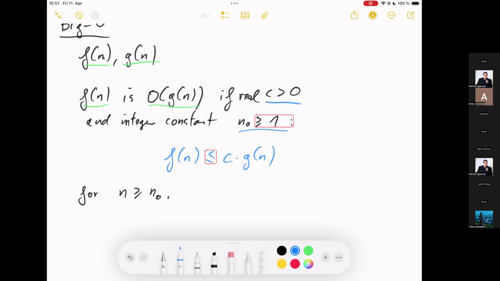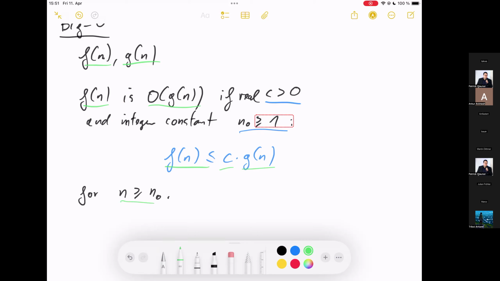And then, in order for f of n to be O of g of n, we need to see that this f of n is less than or equal to the constant c times g of n for all n's that are greater than or equal to some threshold n0.